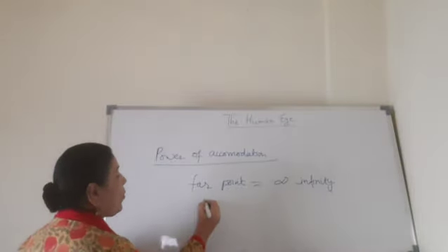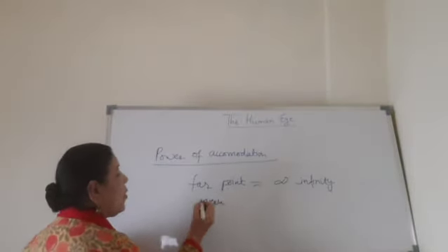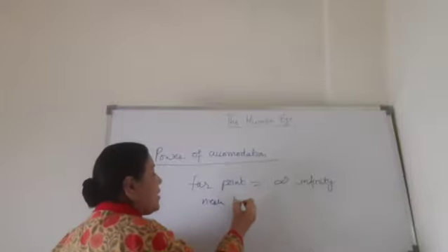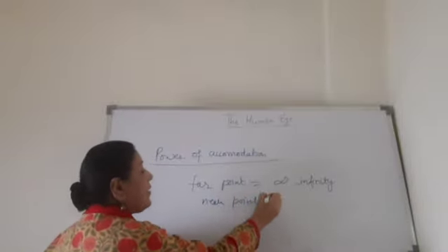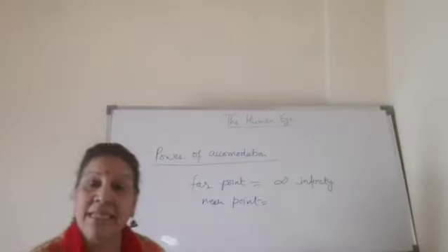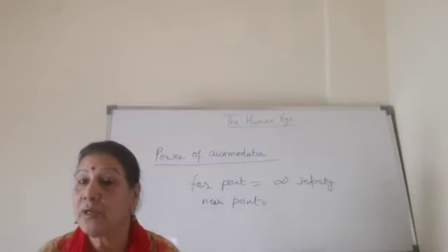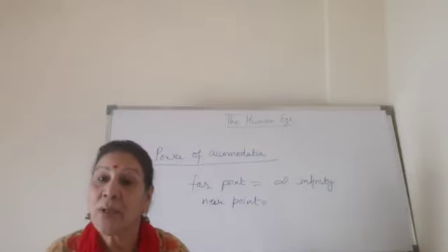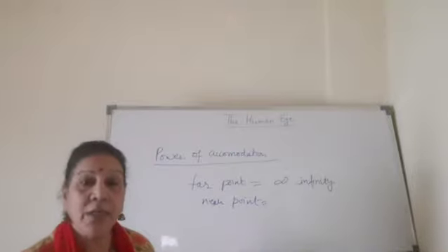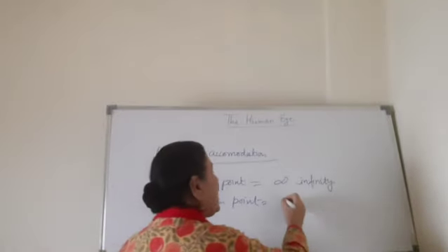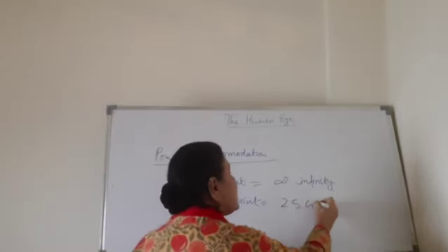What is the near point? Near point is the point where the human eye can see objects which are closer. What is that particular distance? It is 25 centimeter. This is the near point of a normal human eye, that is 25 centimeter.